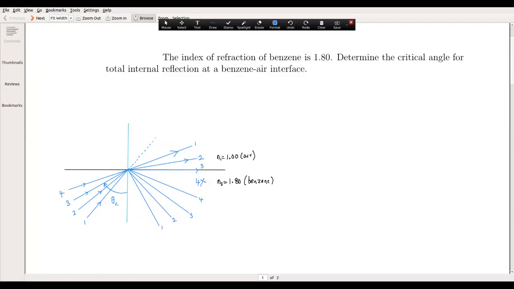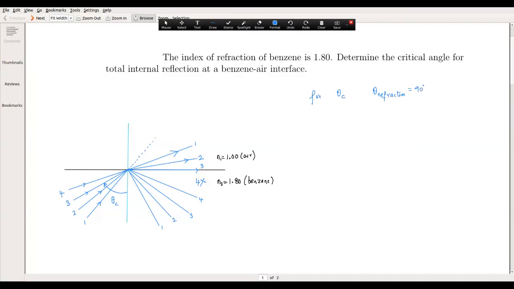As far as the calculation goes, it is relatively simple, because for this critical angle, the angle of refraction is 90 degrees. So for the ray that has angle of incidence as theta critical, the angle of refraction, let me call it theta r, is equal to 90 degrees.